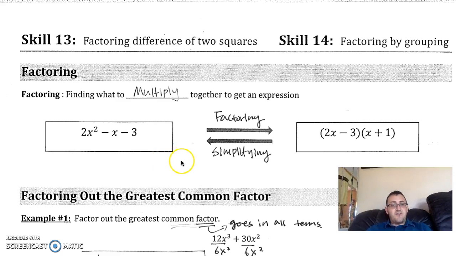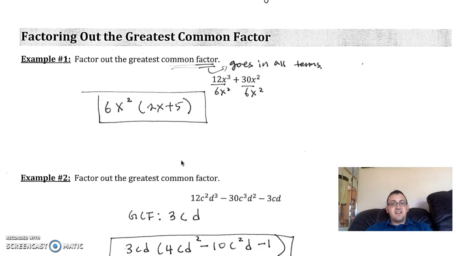All right, so a root of factoring is this idea of the greatest common factor. If we look at these examples, we want to think about what each term has in common. So if we have 12x cubed plus 30x squared, we ask ourselves, what do 12 and 30 have in common?